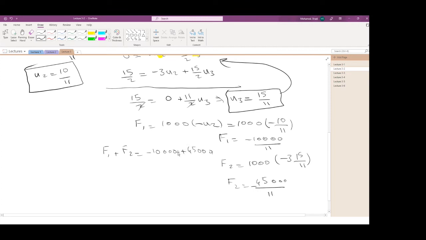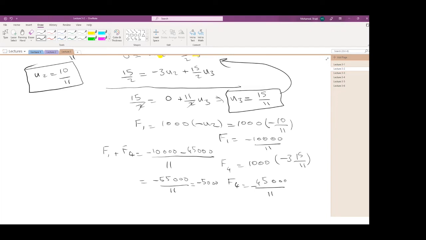This is negative as well. Divided by 11. So this is minus 55,000 divided by 11. Well, this is minus 5,000. All right. Do you have any other questions?